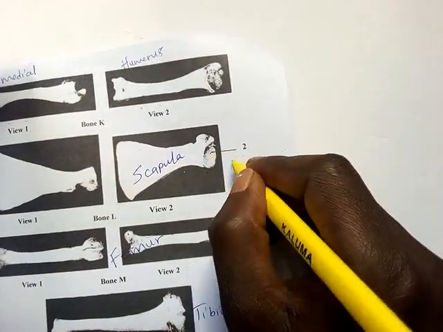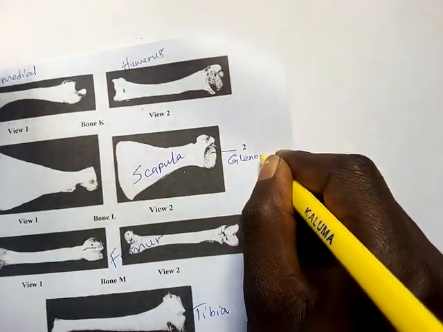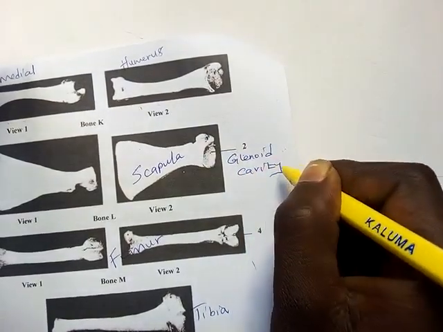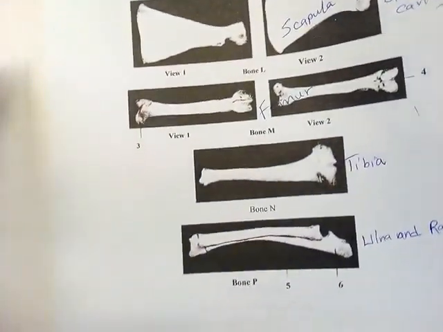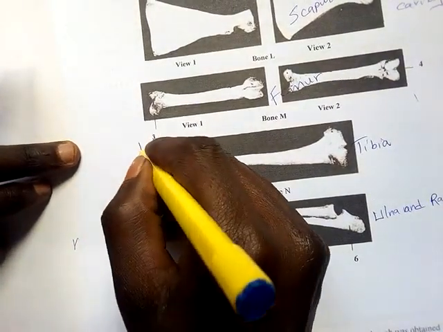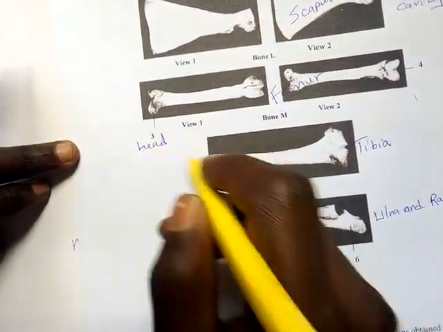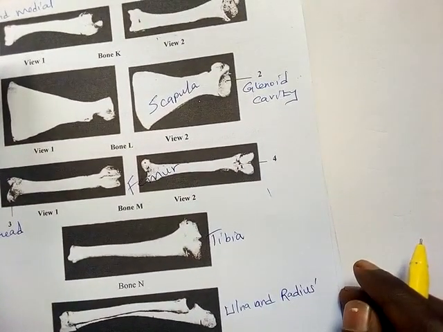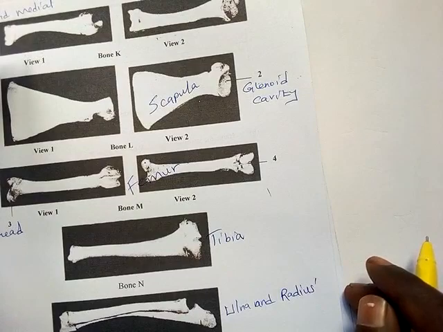This is the glenoid cavity. Number 3 is found in the femur, and this is the head of the femur. Then number 4 is found also in the femur.